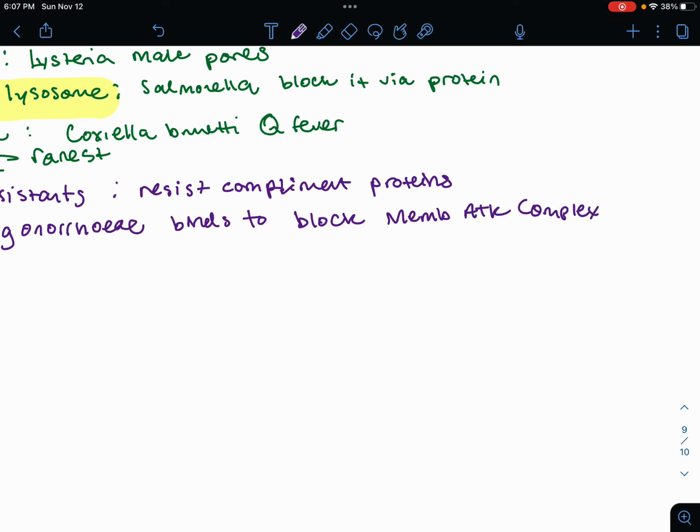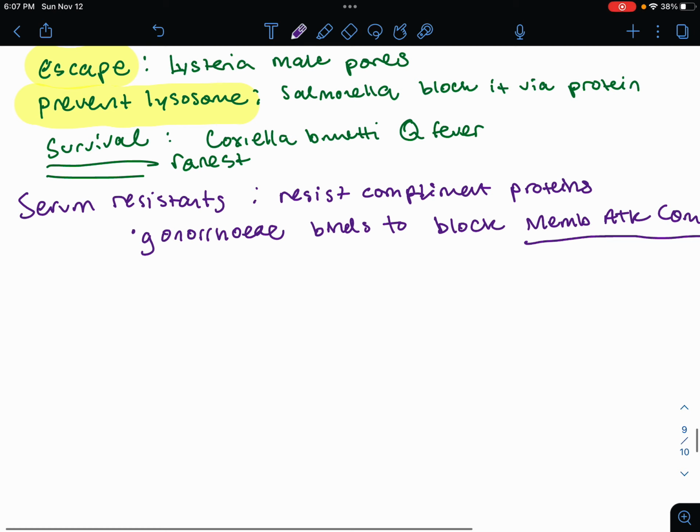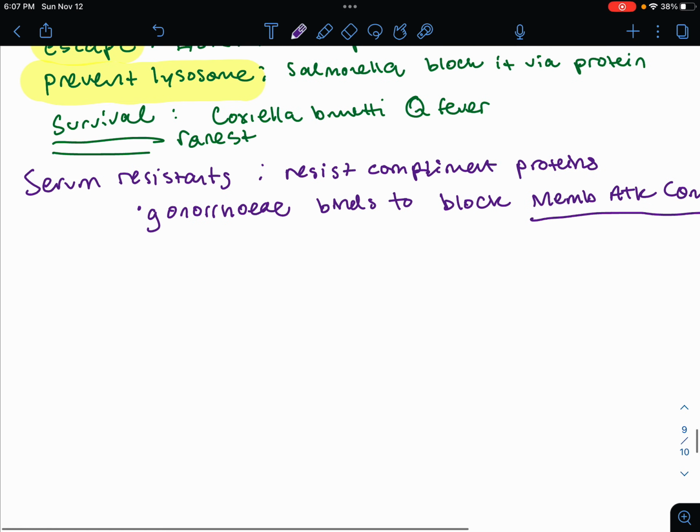Remember, that's after one of the pathways in the complement system has made that convertase, and then we get the splitting, and then some of it will become that membrane attack complex, which just pokes holes into the unwanted cell. But gonorrhea bacteria are going to be able to bind to that regulatory protein to avoid this MAC from being put together.